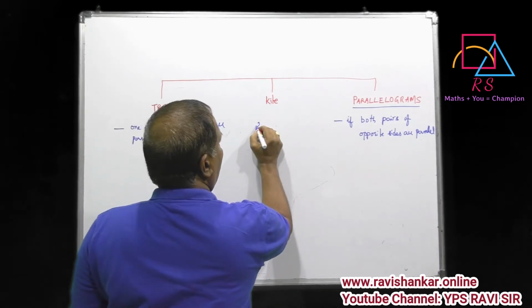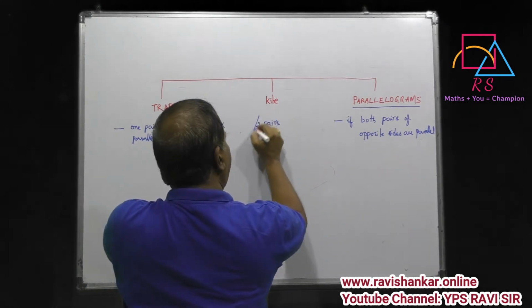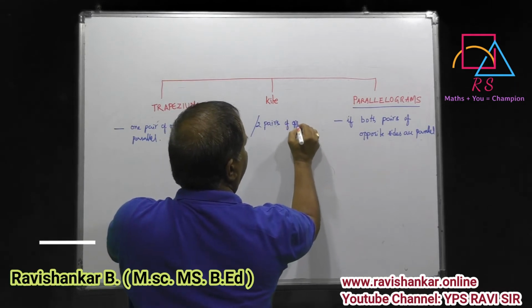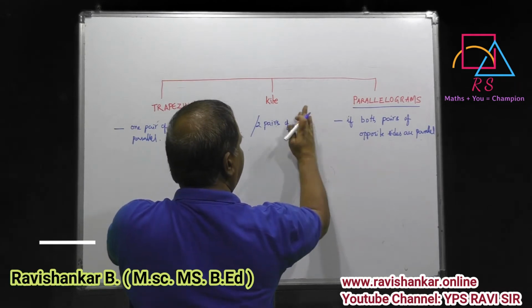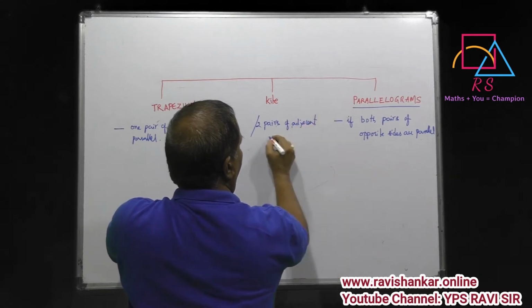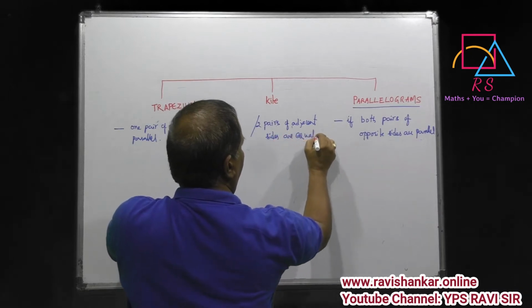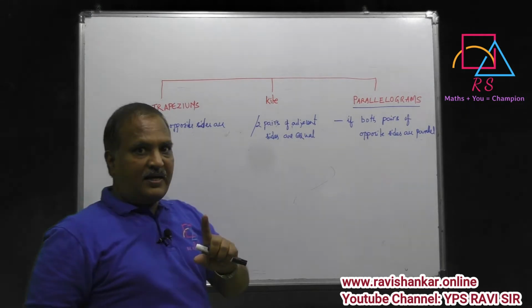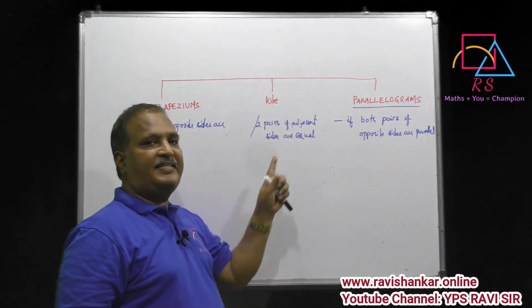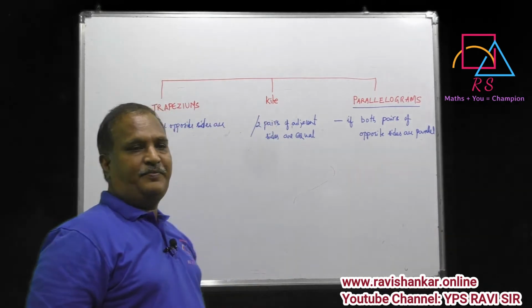Two opposite pairs of adjacent sides are equal, then we call that quadrilateral a kite.